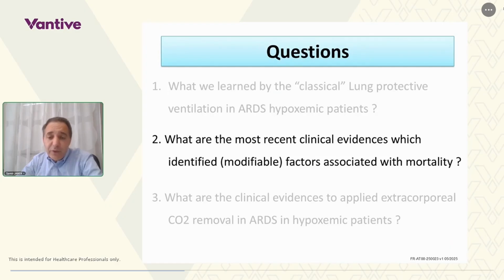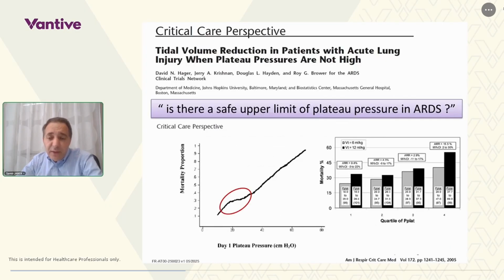The second point is what is the most recent clinical evidence. This is probably one of my favorite studies, a sub-analysis, an ancillary study of the ARMA trial, showing on the y-axis the mortality proportion, and here you have the plateau pressure.